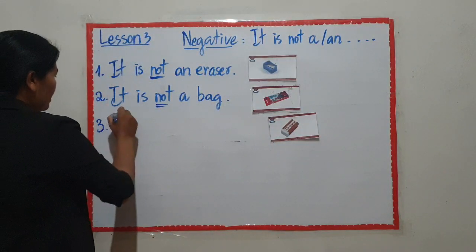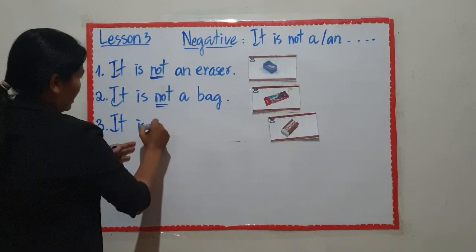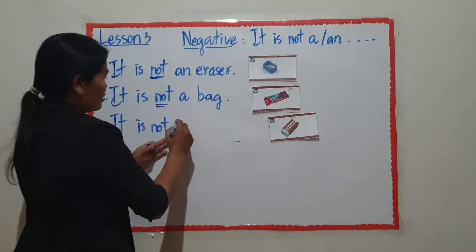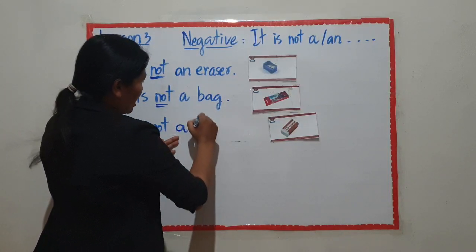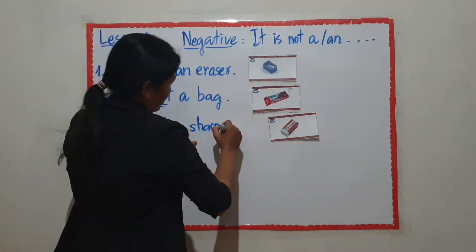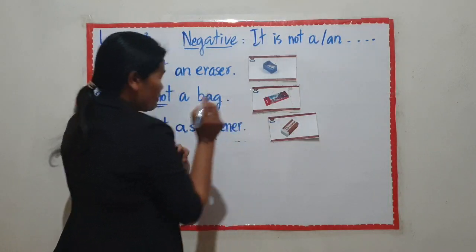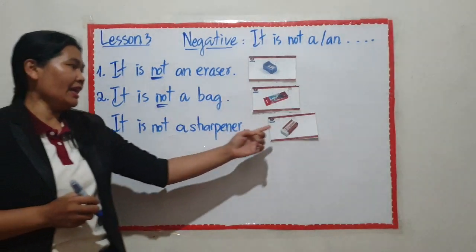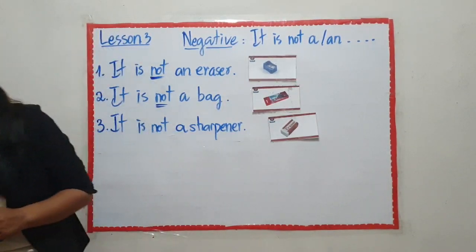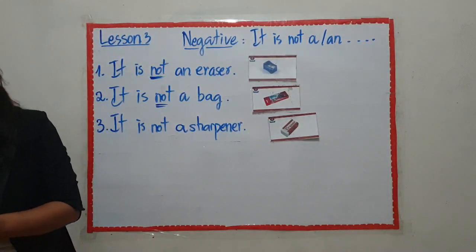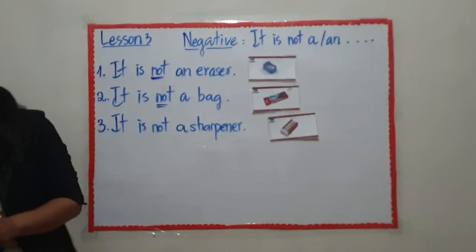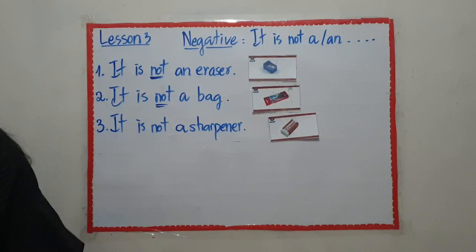What is it, everyone? Yes, it is not a sharpener, right? And what is it? Yeah, it's an eraser. Very good, everyone understands so well. Now, let's move to the next one, everyone.